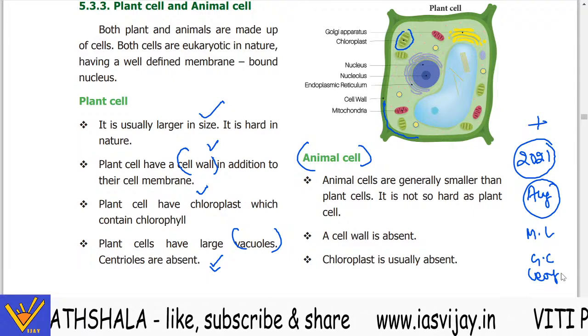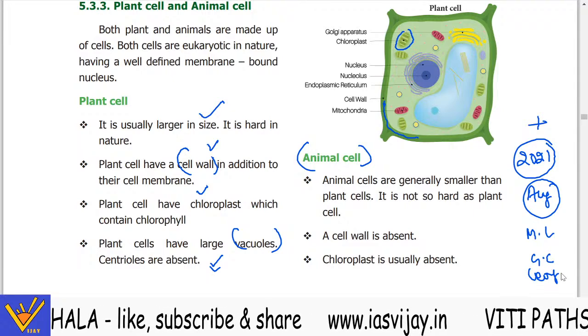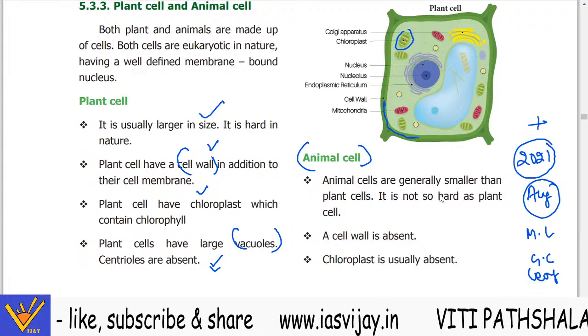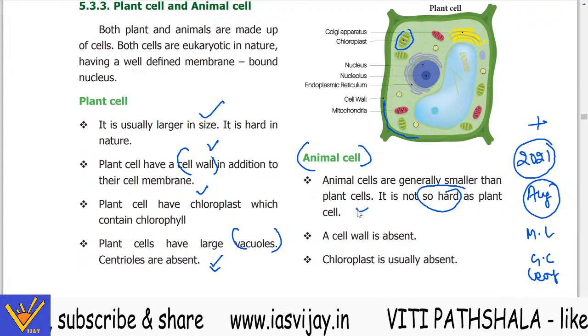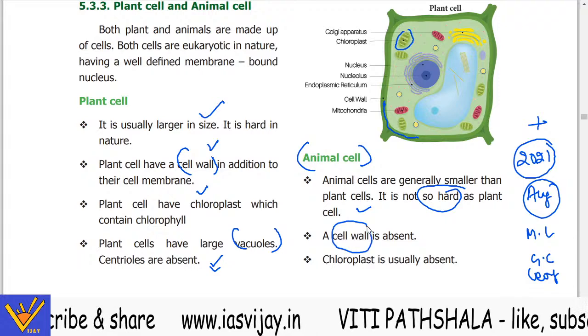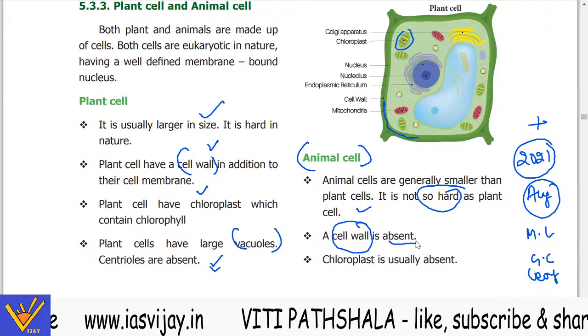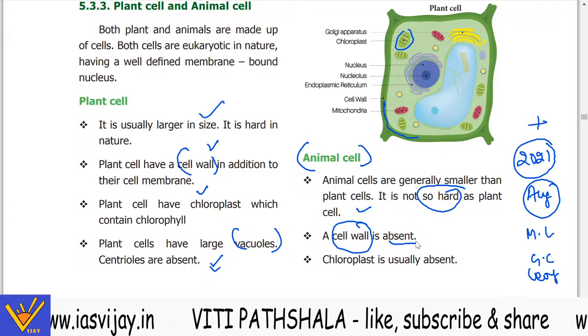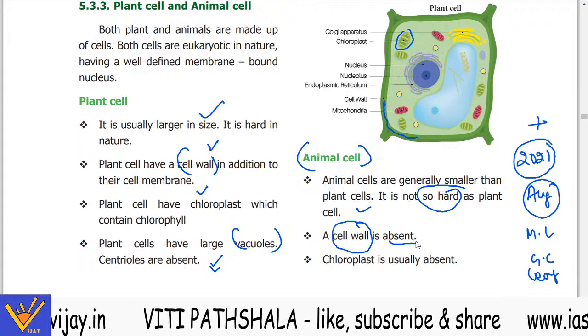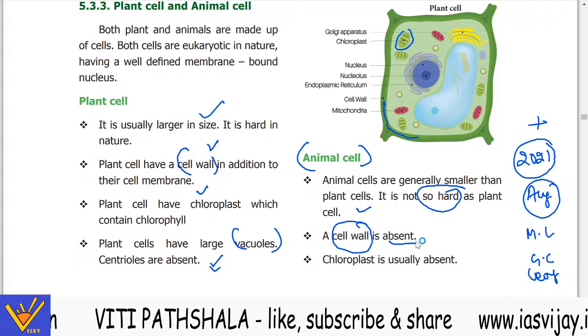Now animal cells are generally smaller than the plant cell. It is not so hard as the plant cell. The cell wall is absent. So remember, the difference between the plant cell and the animal cell is that the cell wall is not there. So in the animal cell you will not find the cell wall.